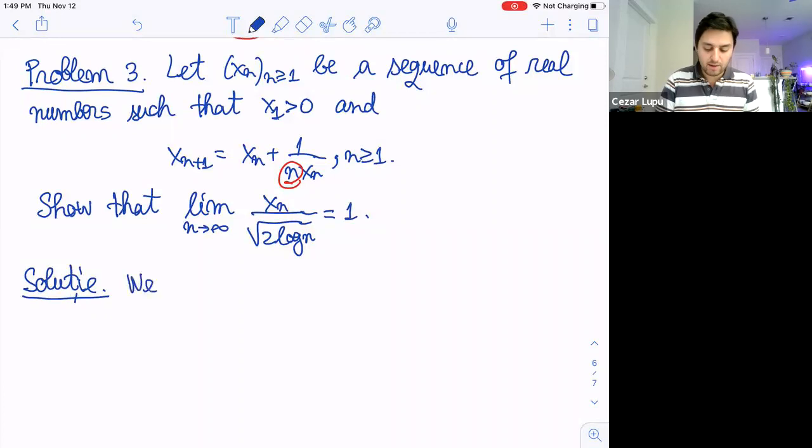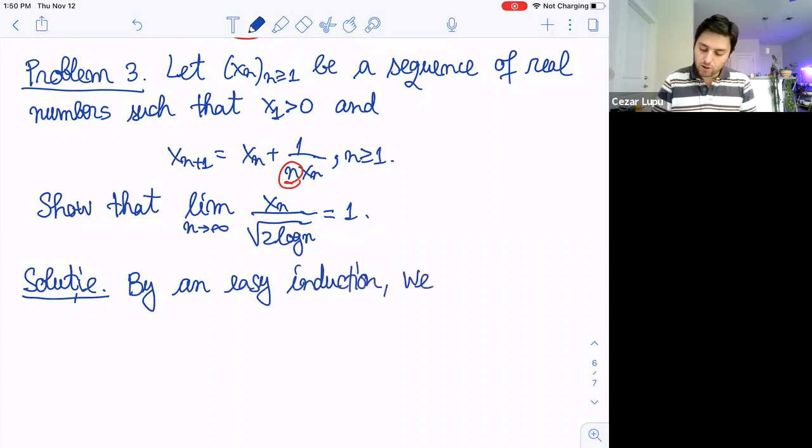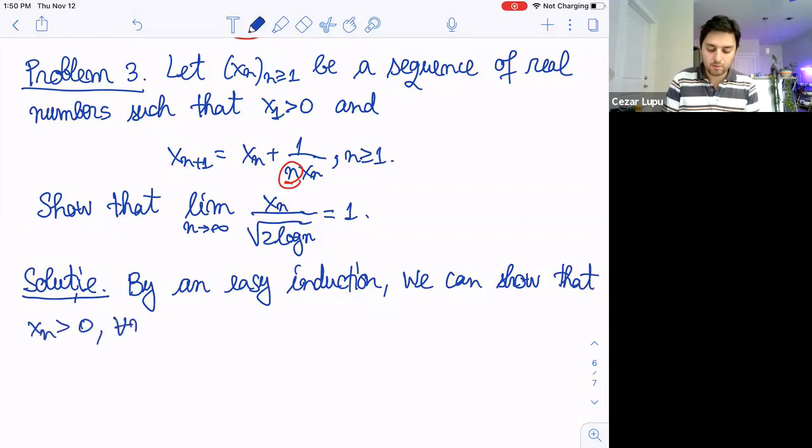We can prove by an easy induction that xn contains only positive terms. So xn is greater than 0 for all n greater or equal than 1, right? It's quite clear, right? So x1 is positive.